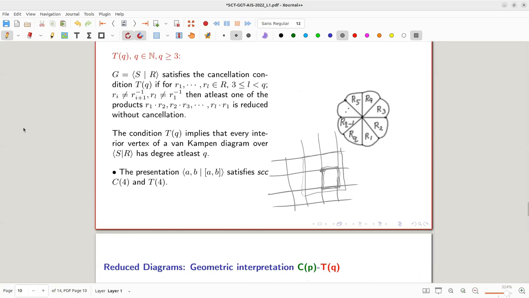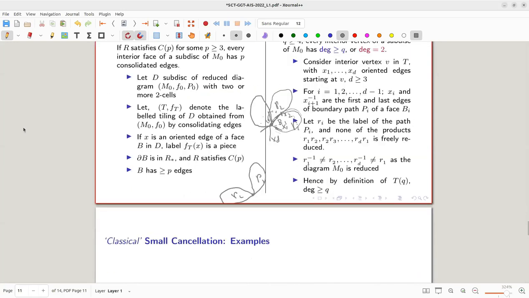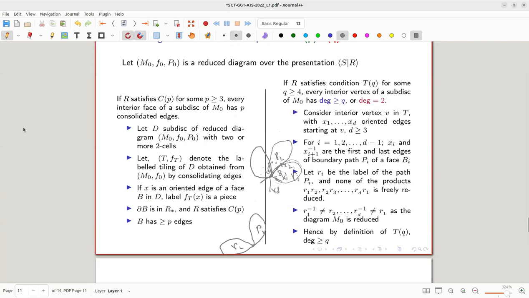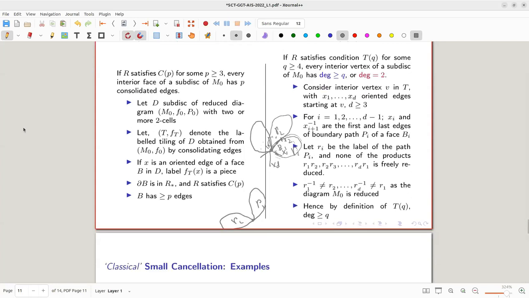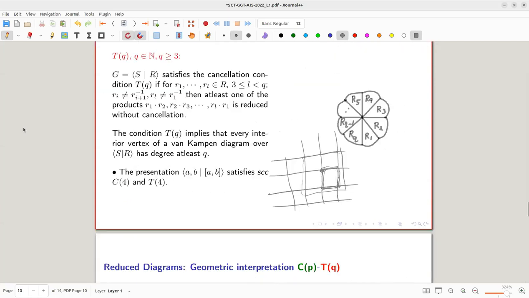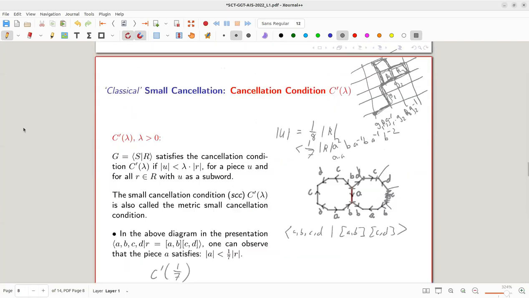R1 inverse is not equal to R2, RD inverse is not equal to R1 as the diagram is reduced, because you have already started with a reduced diagram, M naught. So that we can always do, right? Just like a diagram of this type.